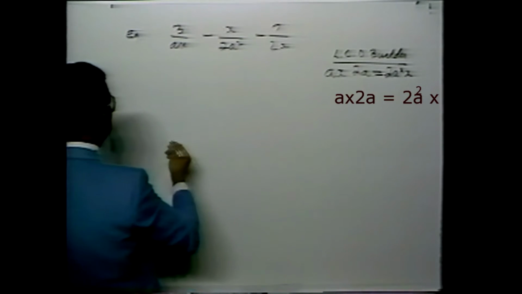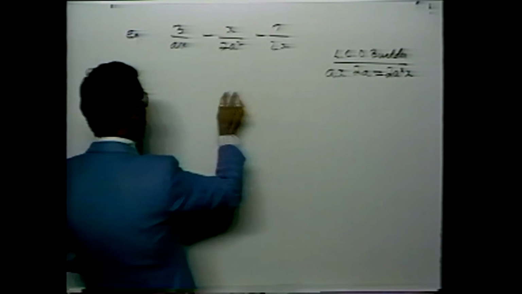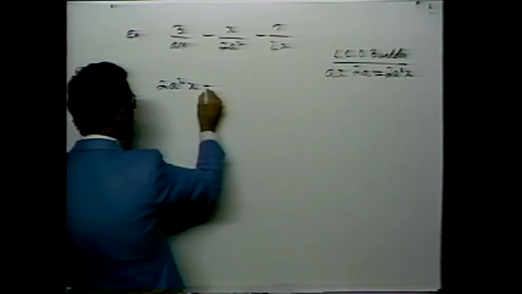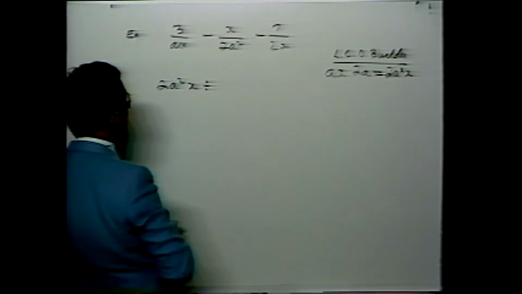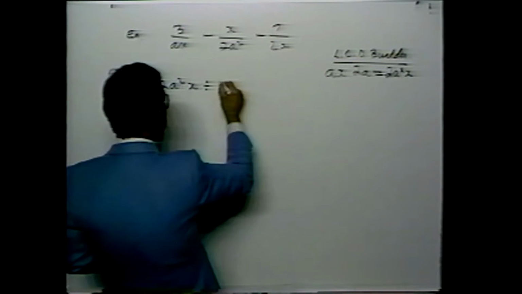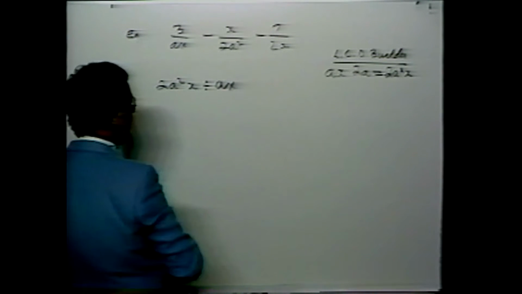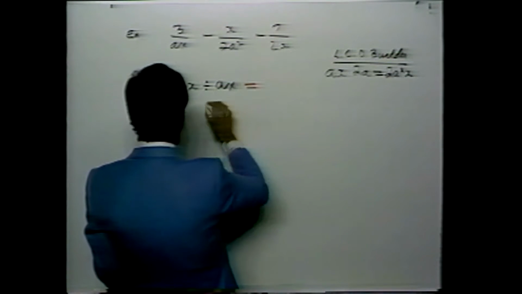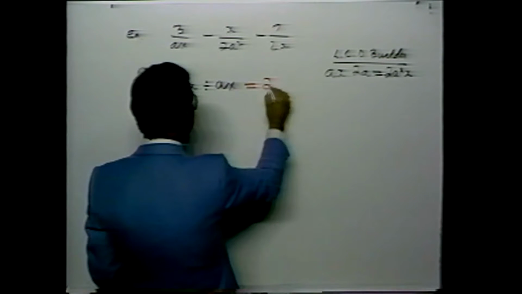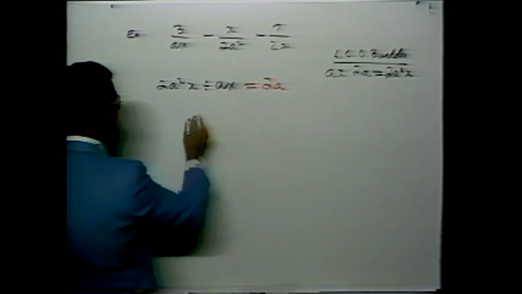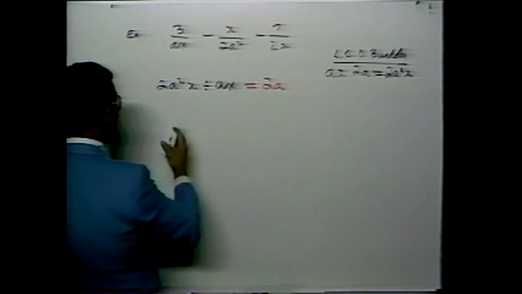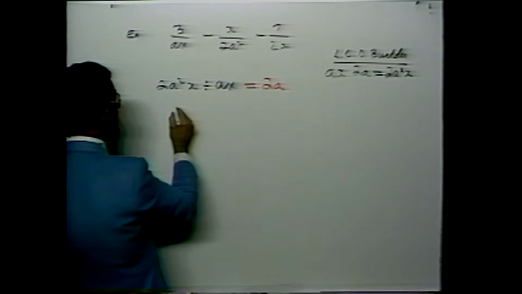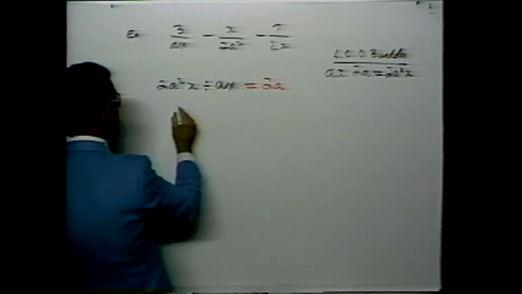And this is how the procedure continues. Take the lowest common denominator, divide it by ax, and that is equal to 2a. You take 2a and multiply it by 3 in order to get the new denominator, the equivalent fraction with the new denominator.